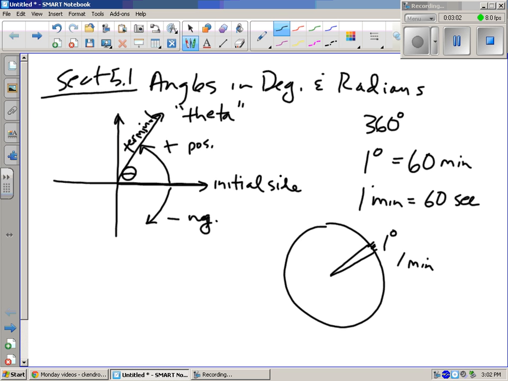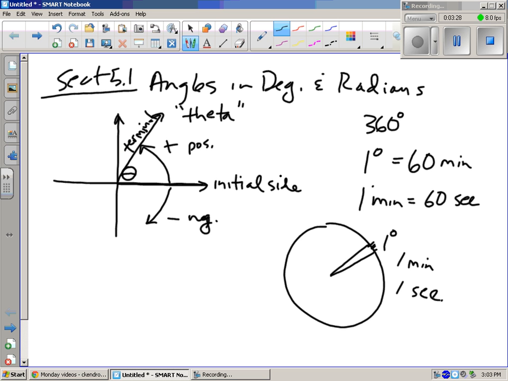Now think of taking 1 minute and breaking it into 60 pieces, and that's 1 second. That's pretty small. And they need it that small. If you're building a skyscraper, you can't be very far off, otherwise your skyscraper is going to be tilting and might look like the Leaning Tower of Pisa or something. And we don't have those in the United States.